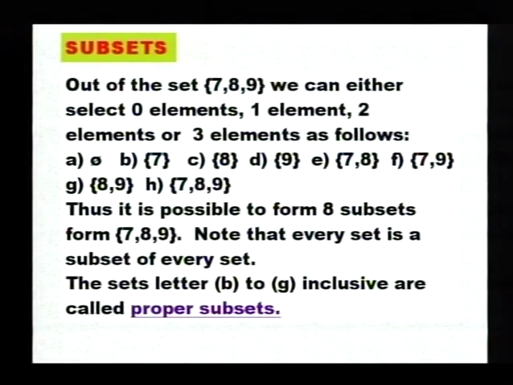Because if we say A is a subset of {7, 8, 9}, it is not a proper subset, but still we can say that we can get an empty set from {7, 8, 9}. For every set, we can get an empty set. {7, 8, 9} is a subset, but it's not a proper subset because {7, 8, 9} is the original set. Clear? So the proper subsets are B, C, D, E, F, and G.